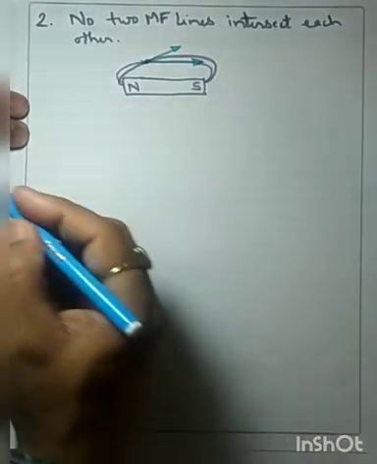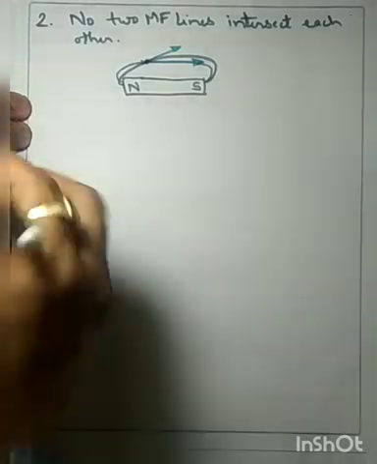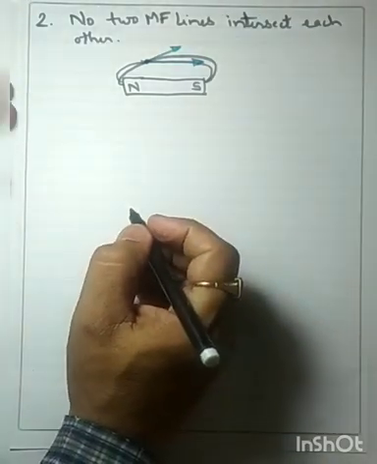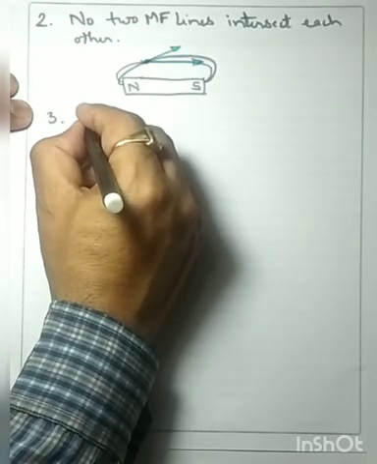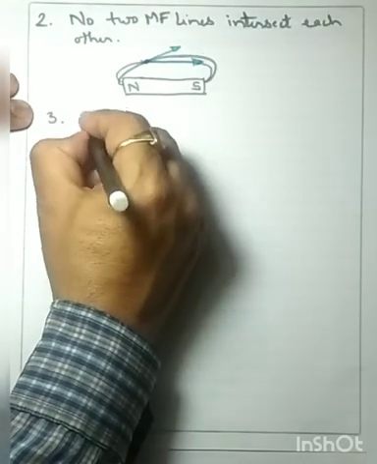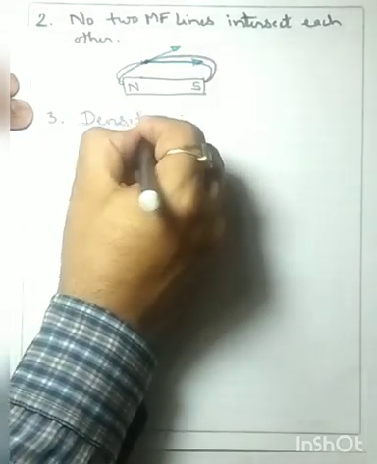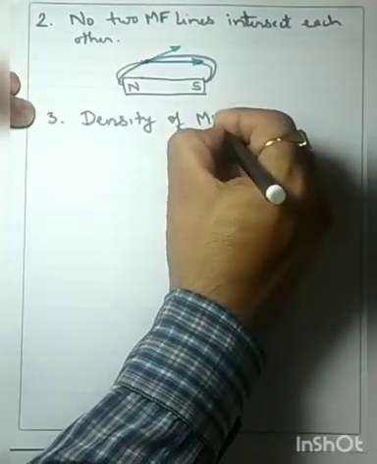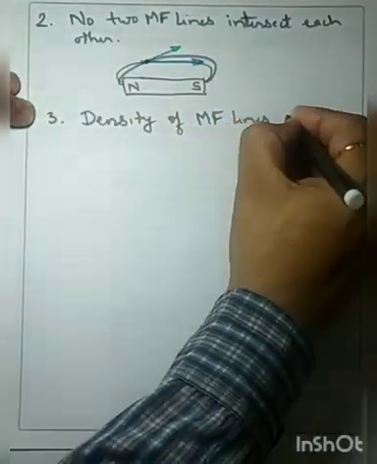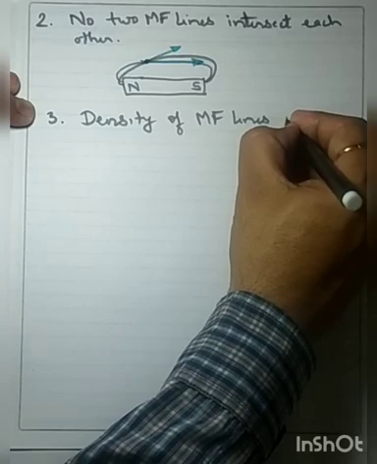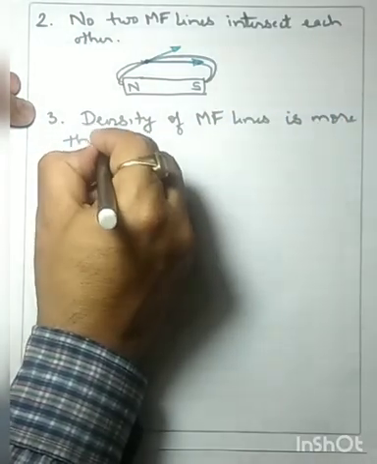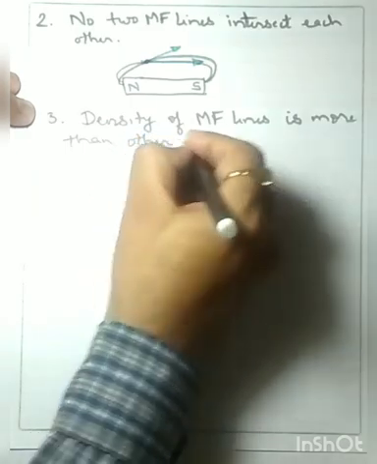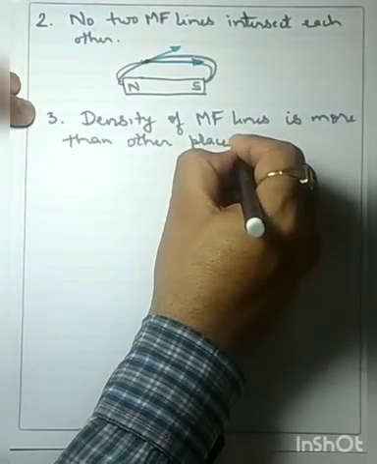And the third property is the density of magnetic field lines is more than other places.